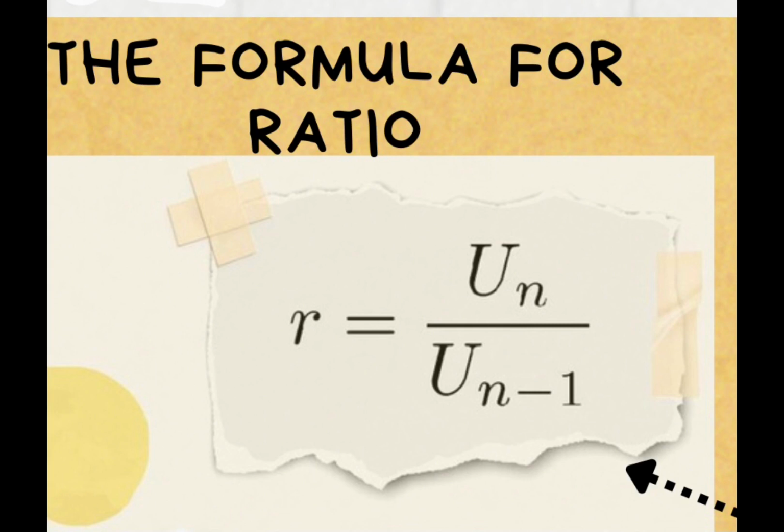First, the formula for ratio: R, or ratio, is equal to Un divided by Un minus 1.